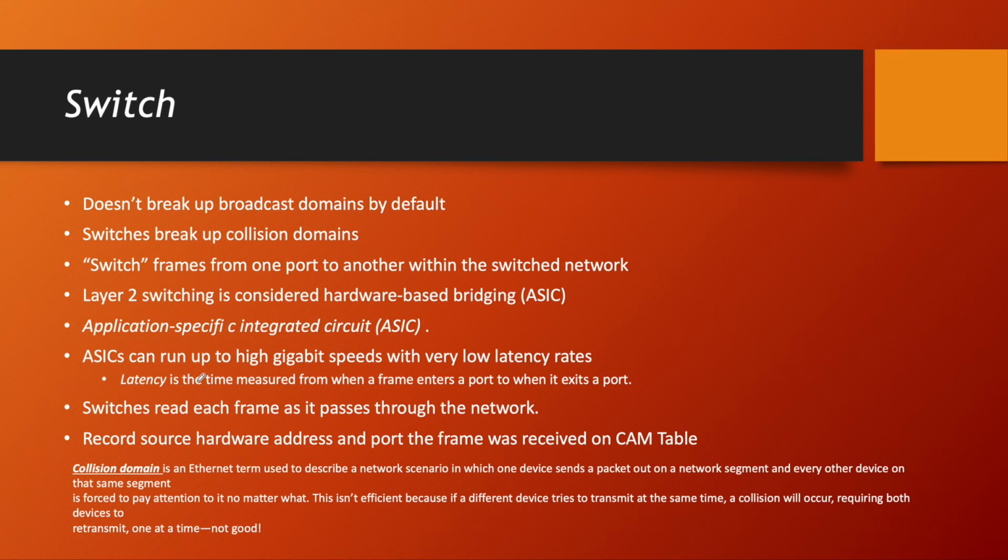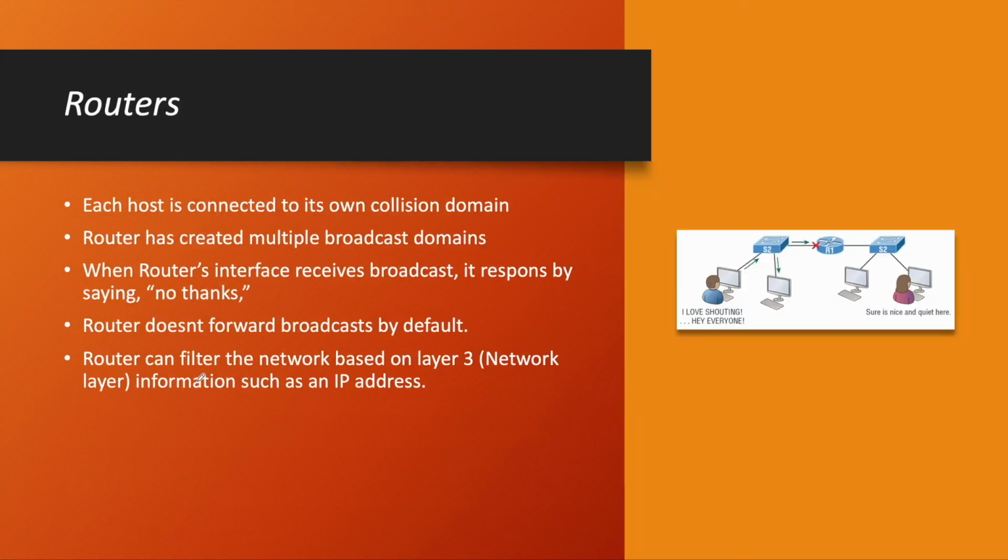Every time it receives a frame, it reads the frame's source MAC address. The MAC address is considered a hardware address. It also notes down the port where the frame was received. This information is kept in the CAM table, or we call it the MAC address table. So that's how a switch operates.